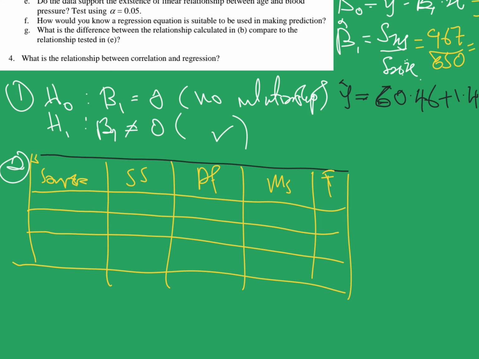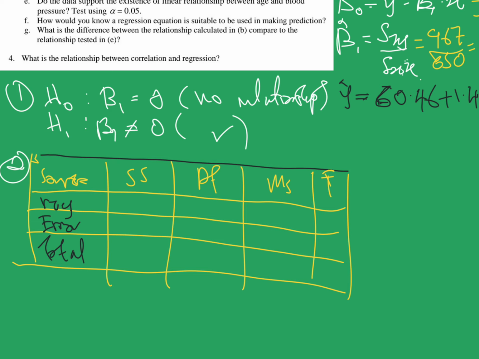The source. The first one will be regression. The second one will be the error, and the last one will be the total. For the SS, the sum of square, for regression, simply multiply beta 1 and SXY.